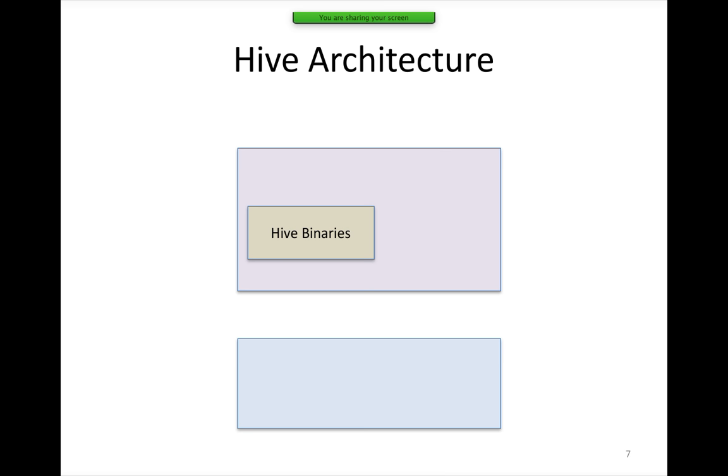First, the Hive binaries compile the SQL-type query into a MapReduce program using Java-based APIs, which are compiled into a jar file, and that jar file is submitted on the cluster as a MapReduce job when you write a query.